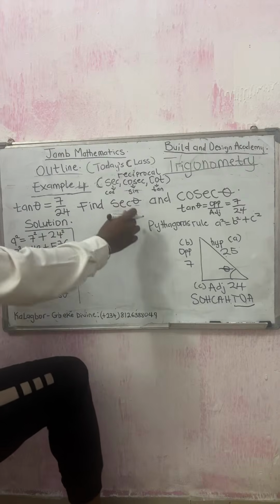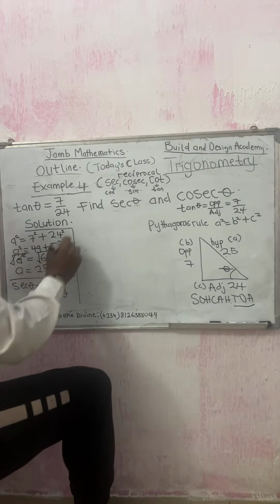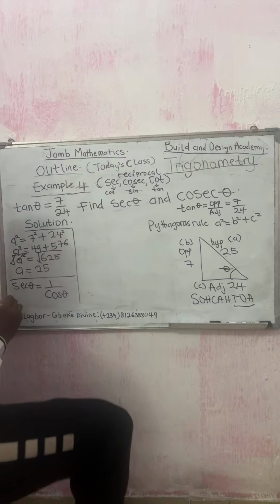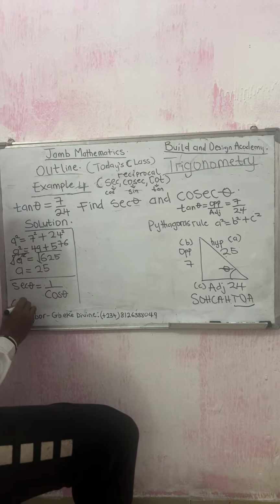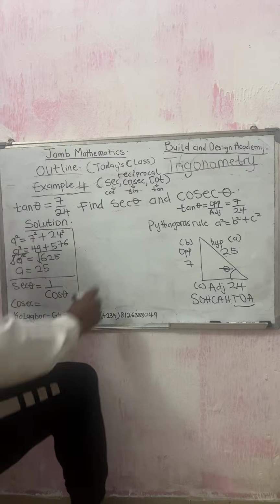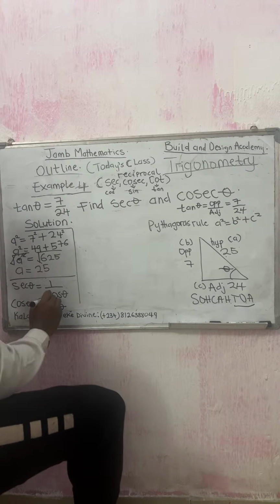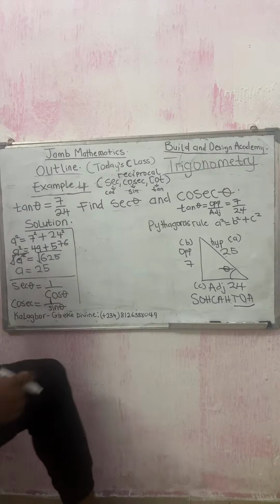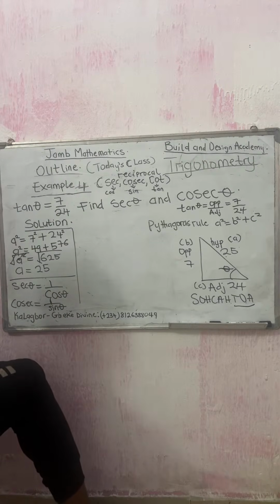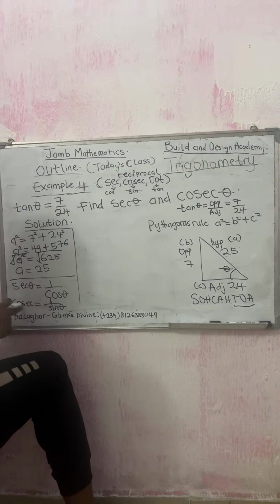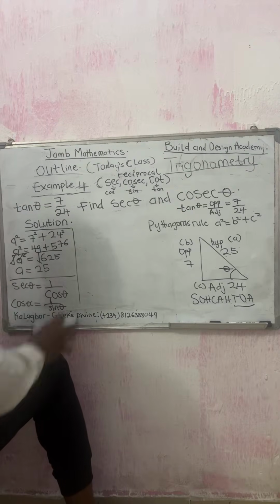And we know that cosec theta is the inverse of sine, which is 1 over sine theta. So now, if we know that sec theta is 1 over cos theta and cosec theta is 1 over sine theta, we now have what?